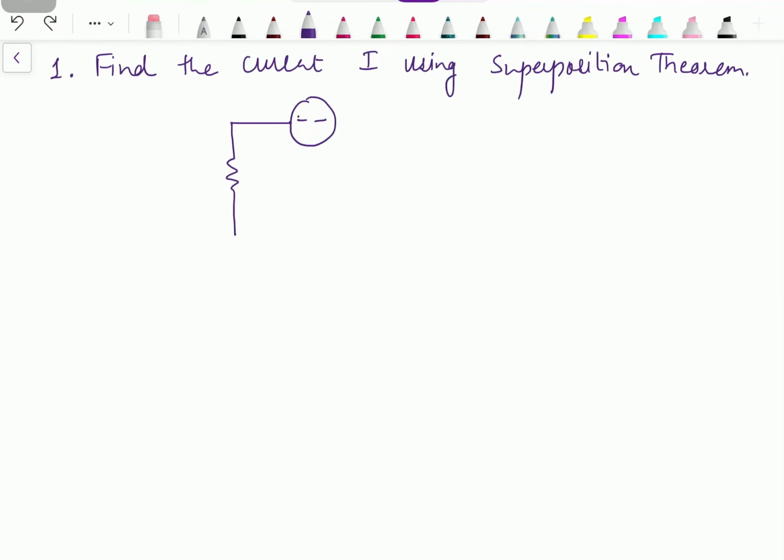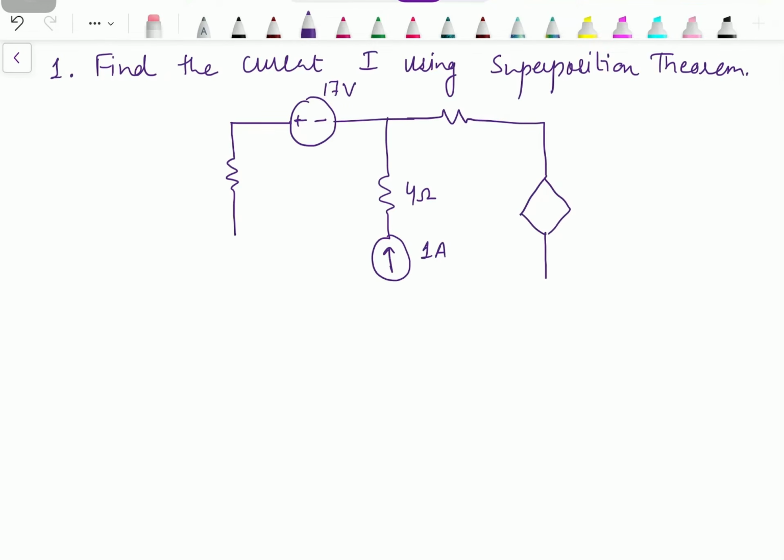an independent voltage source of 17 volts, then an independent current source of 1 ampere, and here we have a dependent source. Polarity is marked inside the source.